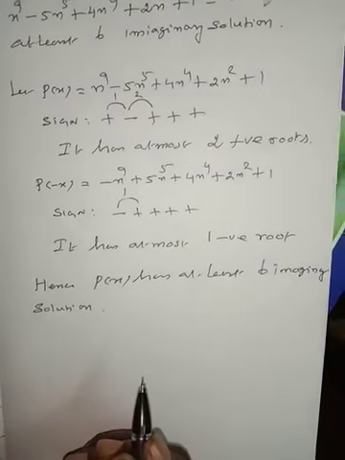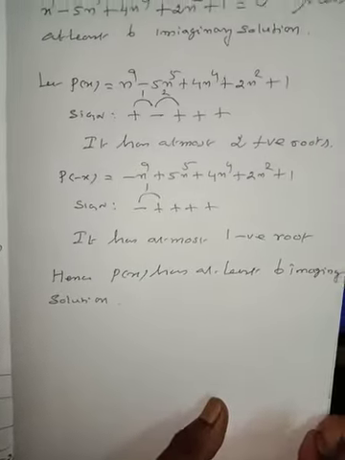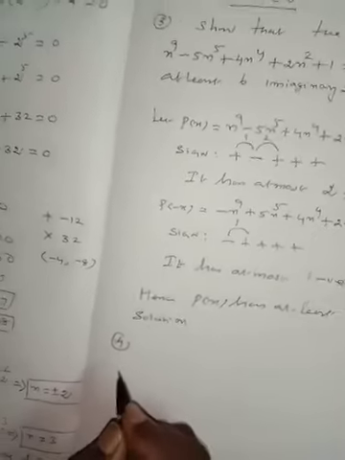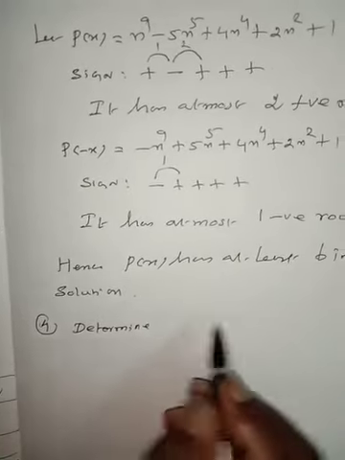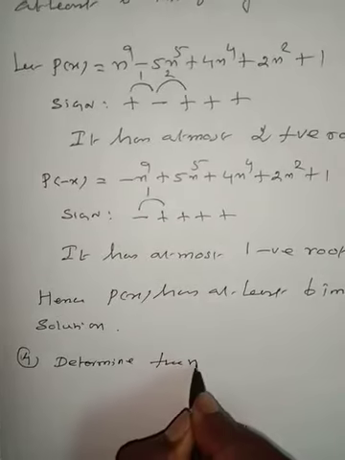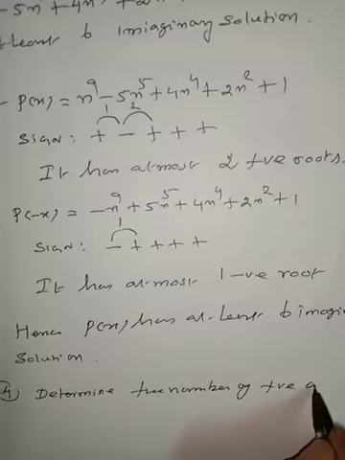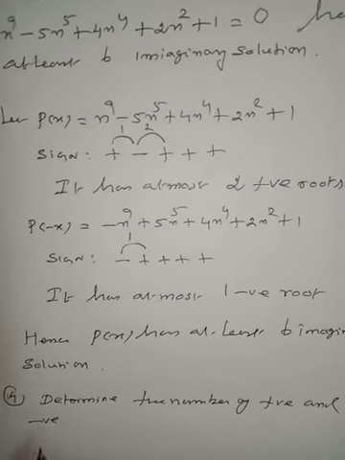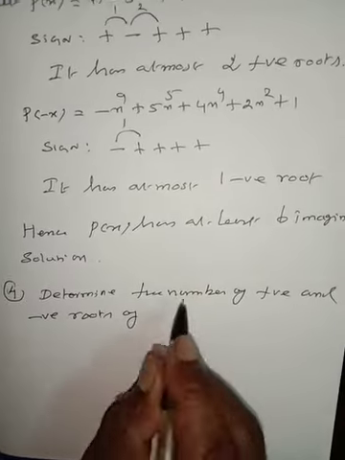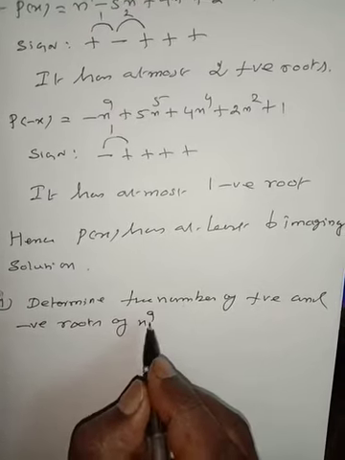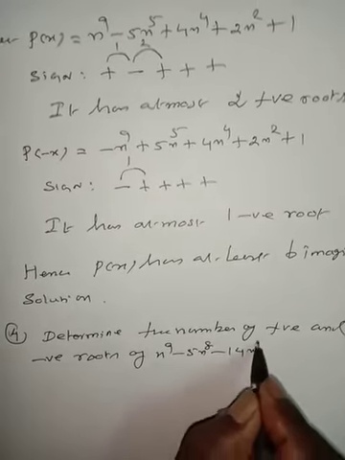Next, question number 4. Determine the number of positive and negative roots of the polynomial x power 9 minus 5x power 8 minus 14x square is equal to 0.